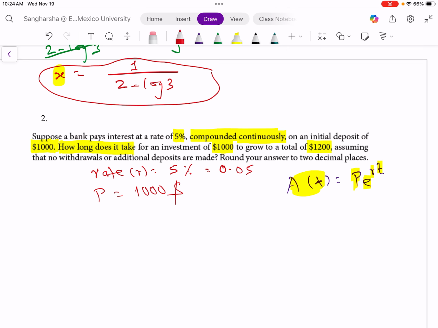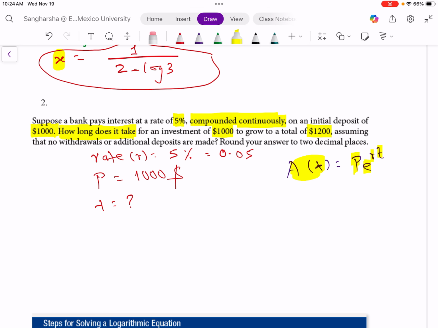Now the next part: how long does it take? It means what variable we are asked to find here. Are we asked to find amount, P, E, R, or T? How long means it's a time, right? So time is unknown.